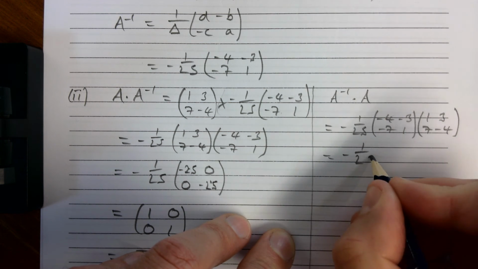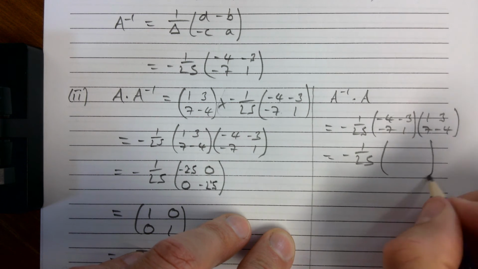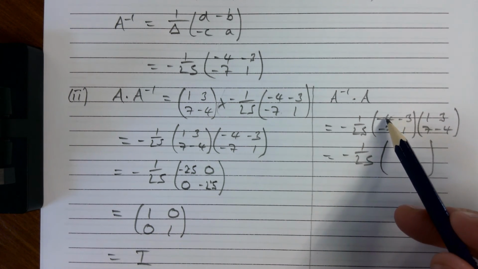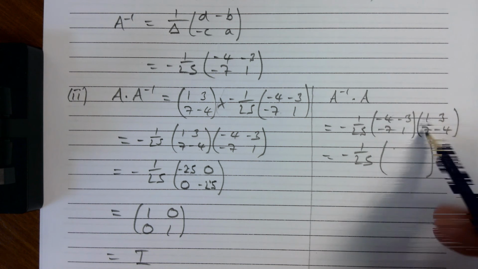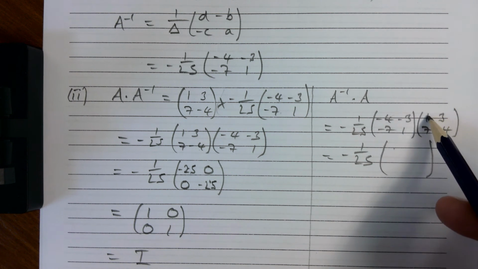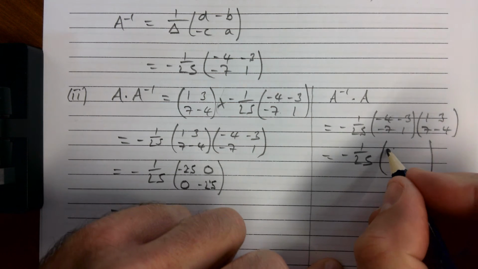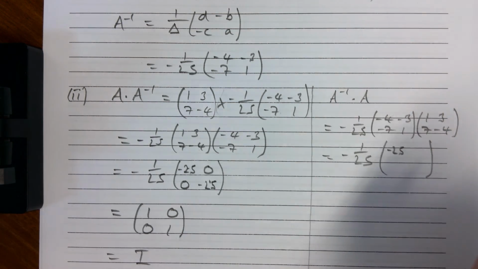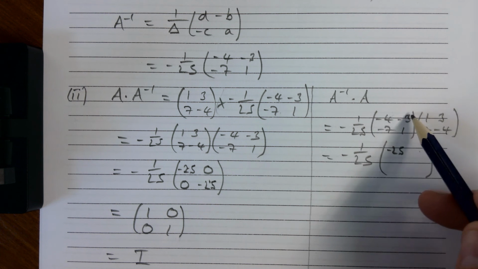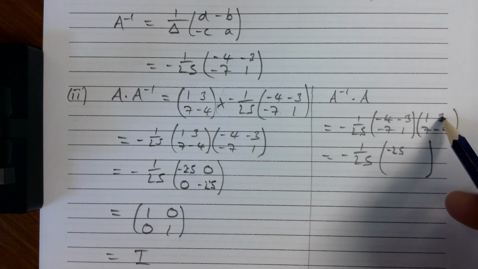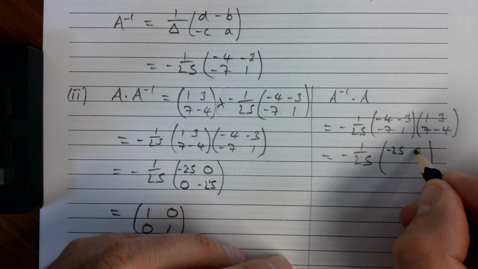Let's multiply these out and see what we get. First row, first column: minus 4 minus 21, so that's minus 25. That's good news. First row, second column: minus 12 and plus 12, so that's 0.